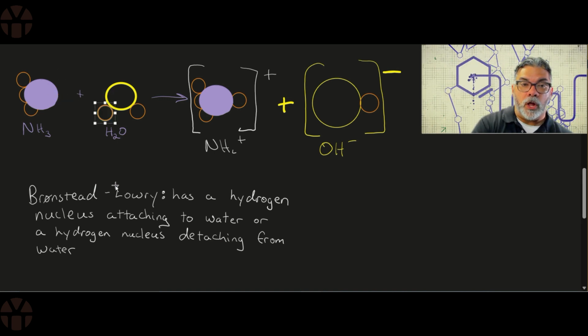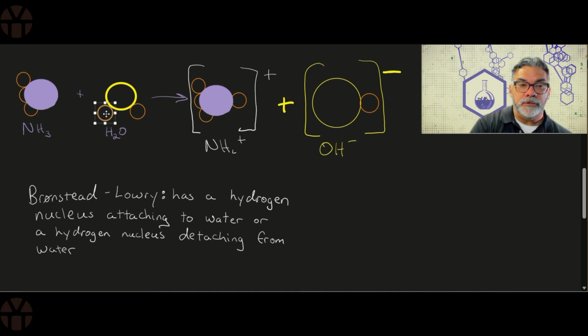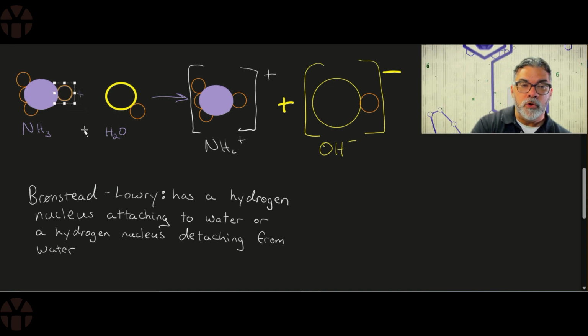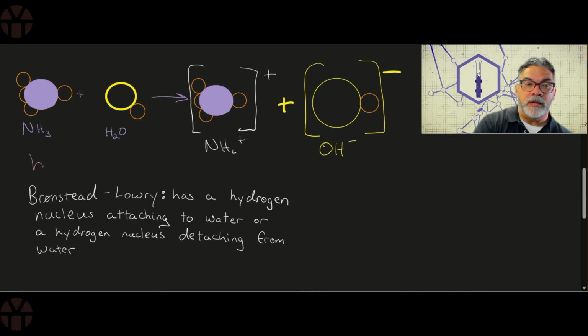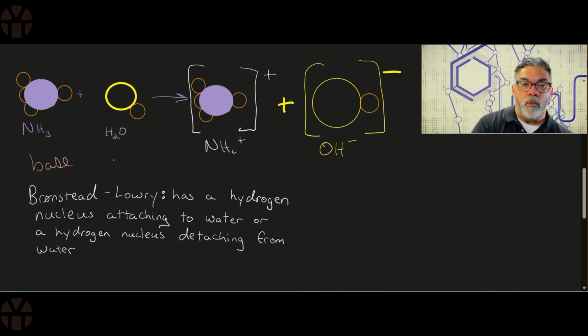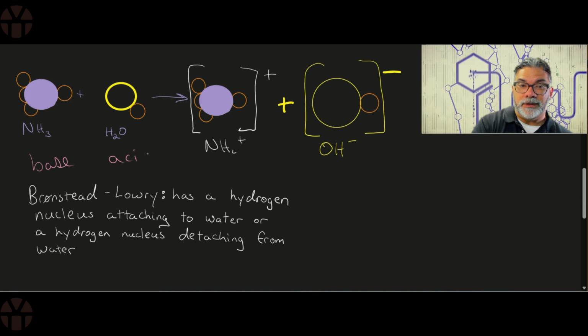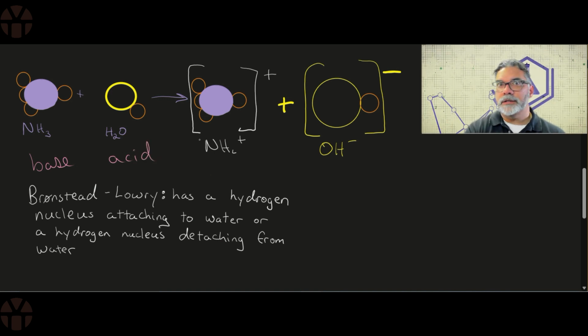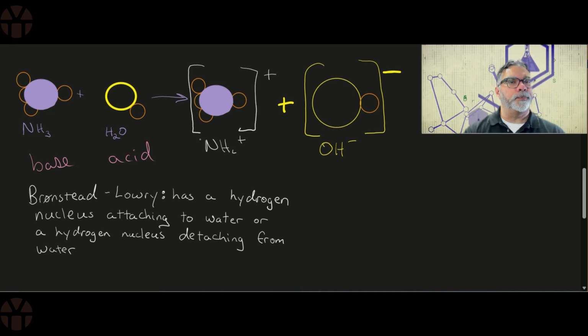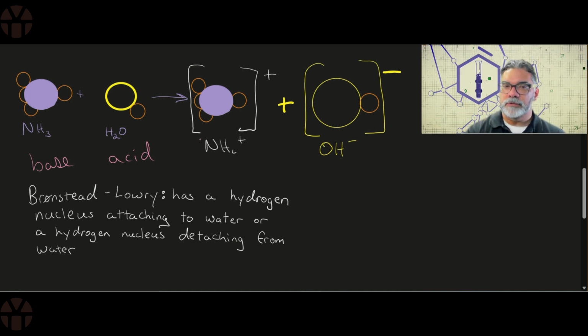If you recall, my water molecule had the hydrogen here, and then whoop, it moved to there. So in this case, the ammonia was the base, and the water, and this is important, acted as an acid. Wait, water can be an acid? And the answer is sure. Did it donate a proton? If the answer is yes, it was an acid.